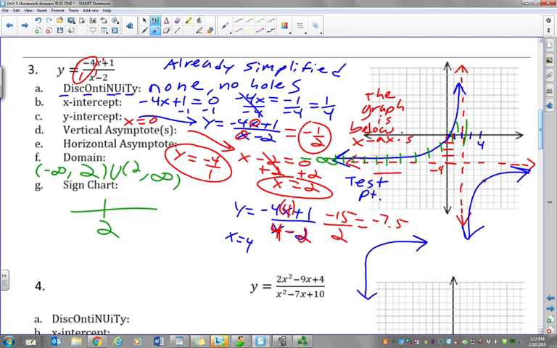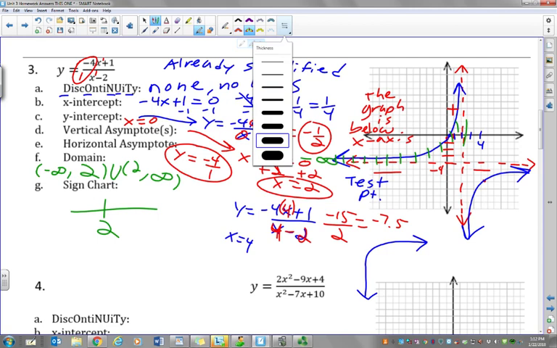Then between here and here it becomes positive, and then down here it's negative. So it goes negative, then positive, then negative. The graph's above the x-axis in the middle, and then negative.